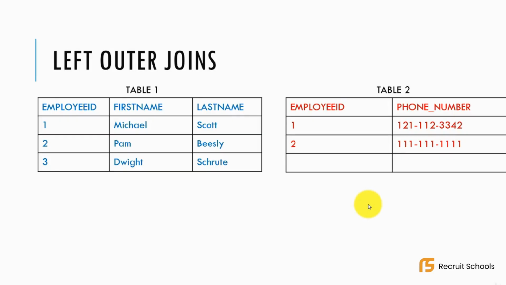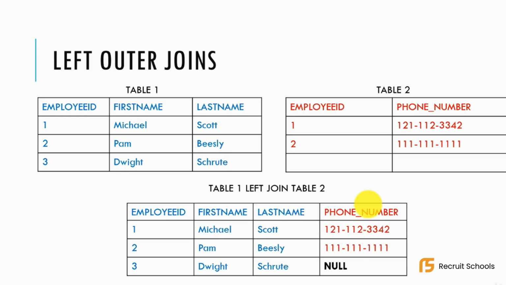The first table is what we just created as my employee, and the second table is something that we'll create. But you see that the first table has 3 rows and the second table has only 2 rows. What left outer join does is it takes every row from your left table and it takes all the rows from your right table that is common with your left table, and whatever is not common, it just marks as null. So this will be the result.